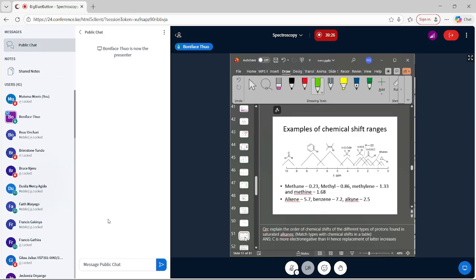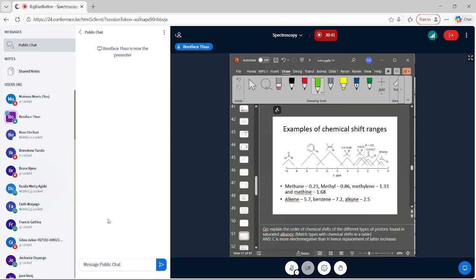So you can either have data or you can have charts like the one we have here, giving you a general chemical shift for the different types of protons.